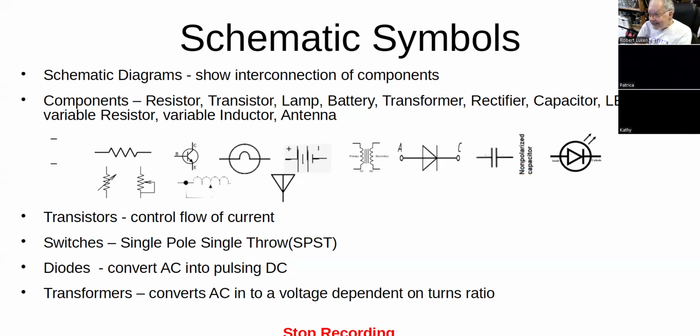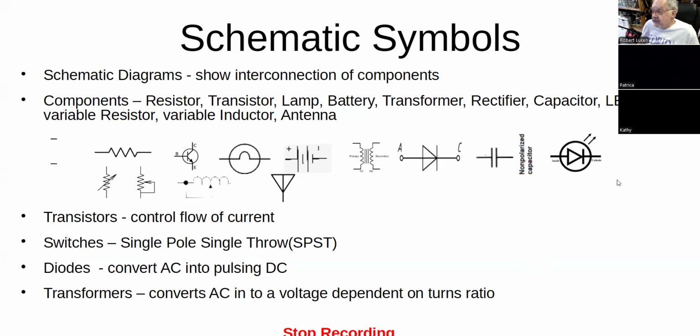If it was an electrolytic capacitor, it would have a plus and minus on it, because they are polarized and they don't work for alternating current. They're used as essentially DC filtering devices to store direct current.